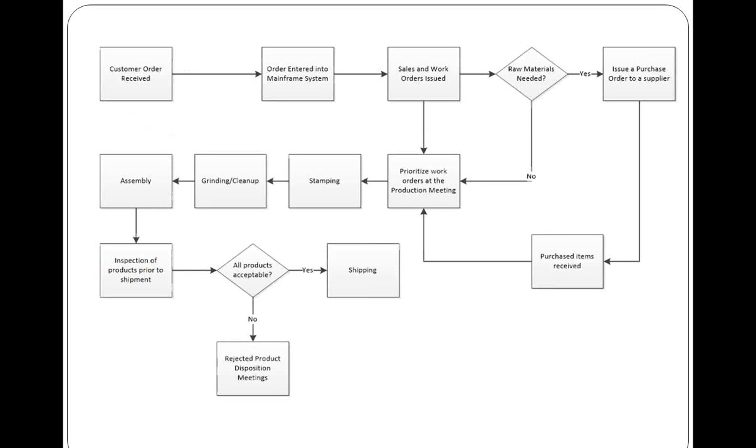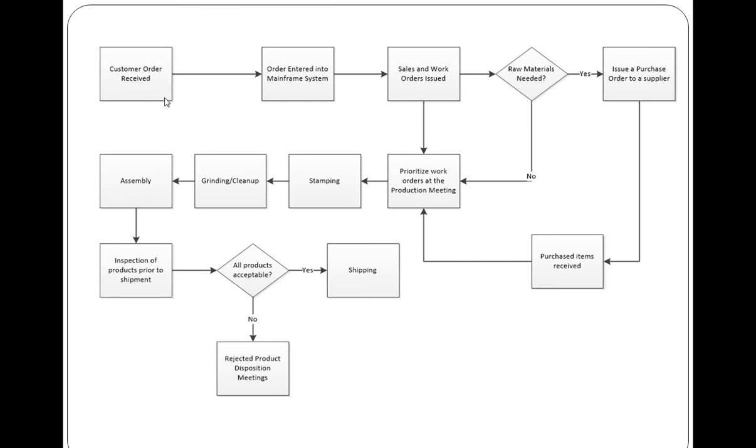Okay, here's the raw interaction of processes. Now, the first thing that you will note right off the bat is that we have 12 boxes on here and 2 decision diamonds. Are we to imply from that that this company has 12 individual processes?